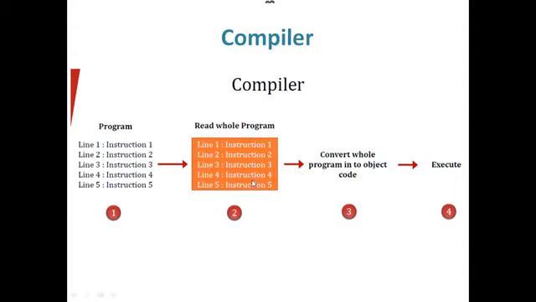By error, we mean errors in the structure or in the syntax. If there are errors, then the compiler will show you the list of errors. First, you have to remove those errors, then your program will be converted into object code. And after converting into object code, it will execute it. So this is how the compiler works, and the C language also uses the compiler.